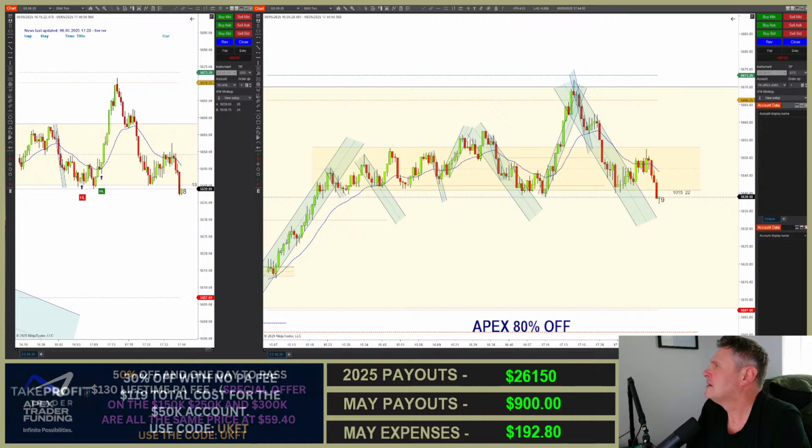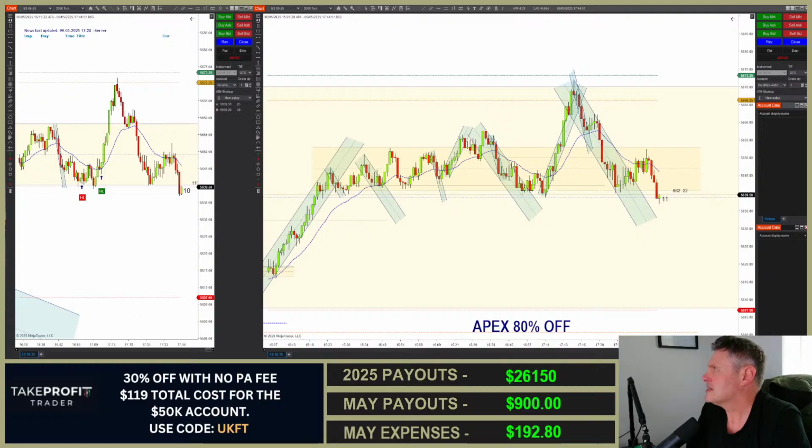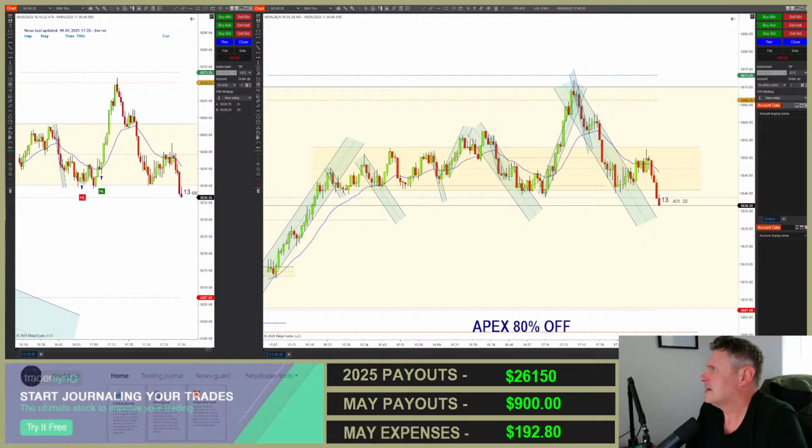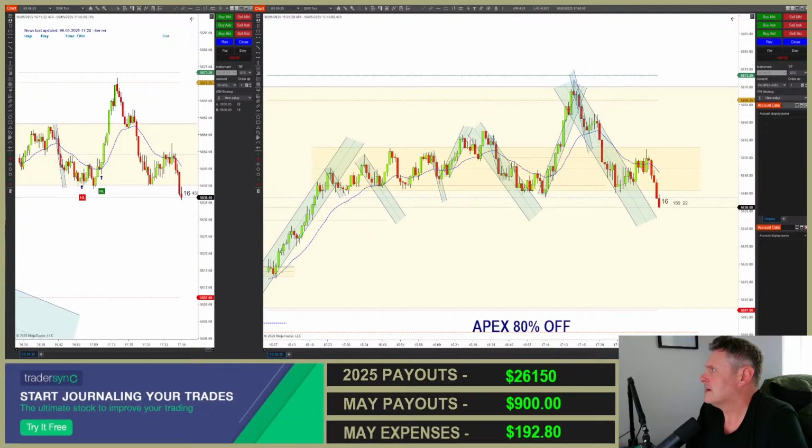Let's have a flip back on some of these. There's more advanced setups which are a bit trickier. I don't think the higher low you took, the first one, was good.